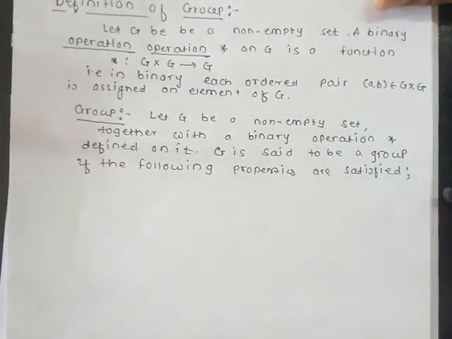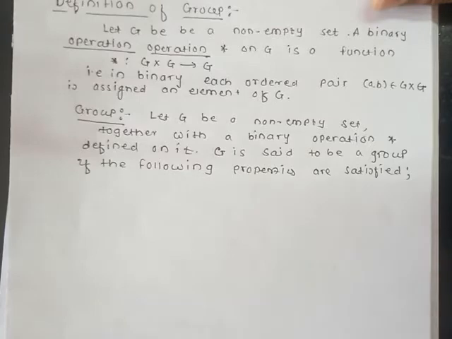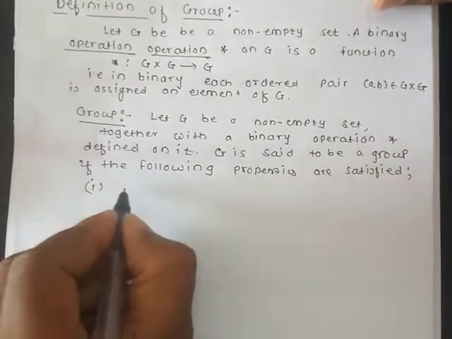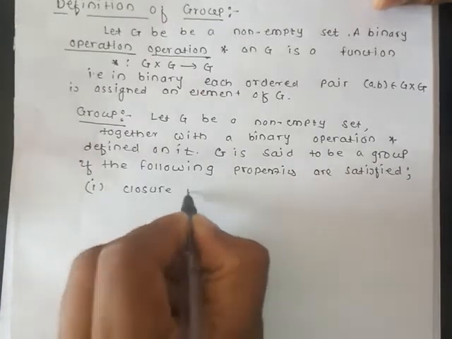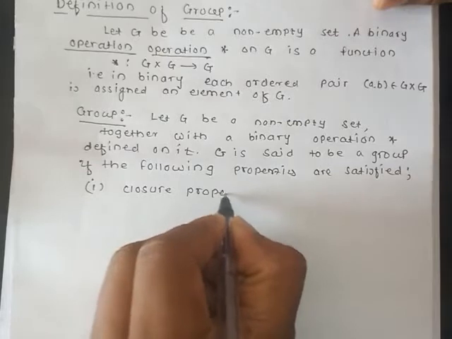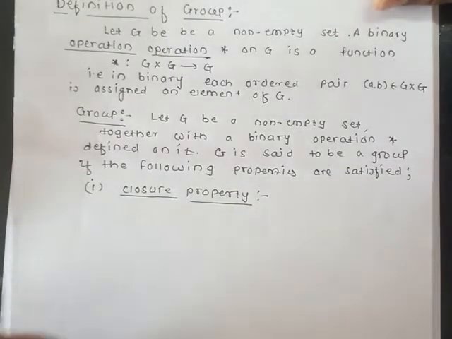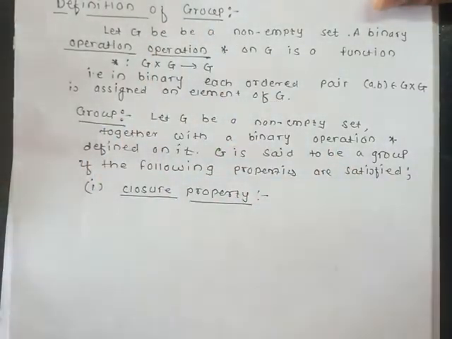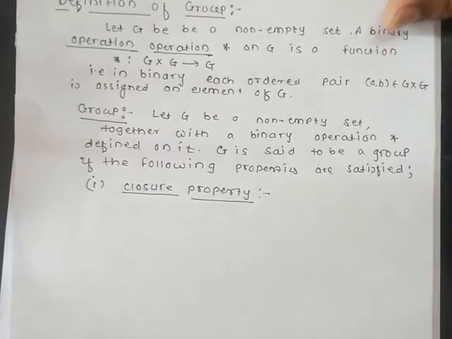If the following properties are satisfied, then we say that G is a group. So the first property is closure property. Actually this is covered in the binary operation. When we say that star is a binary operation on G, then by default the closure property is satisfied.